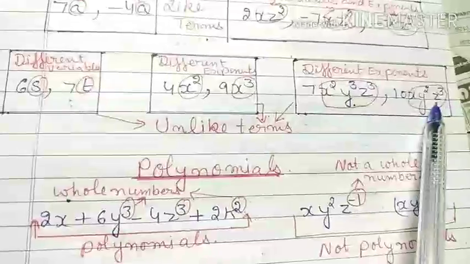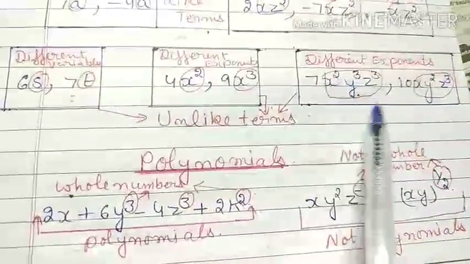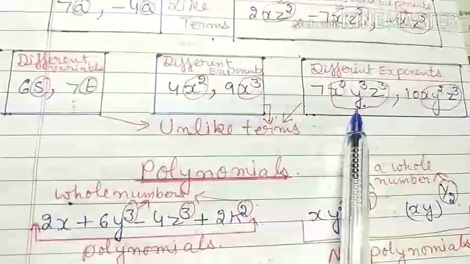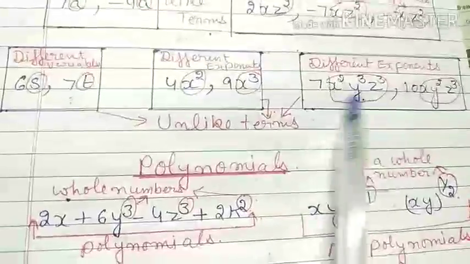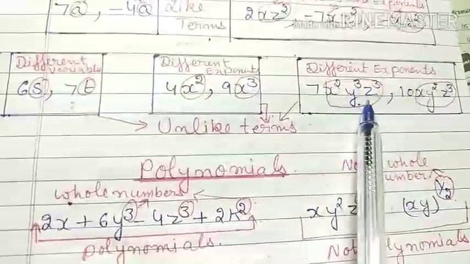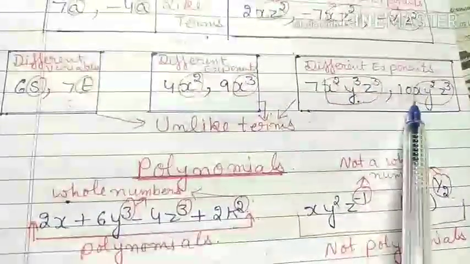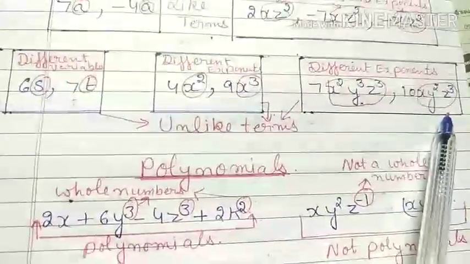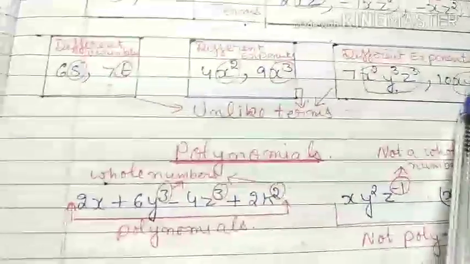Though z cube and z cube are the same, they are multiplied with the other variables, so we can't consider a single variable's power. We consider the combined variable power. If here is x, y, z and here is x, y, z, all three variables multiplied, and the power is the same, then you consider it a like term. Otherwise you consider it an unlike term.